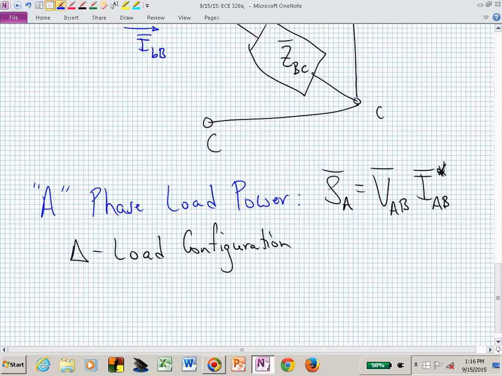This is the phase voltage, but it's also the line voltage. What about this one?